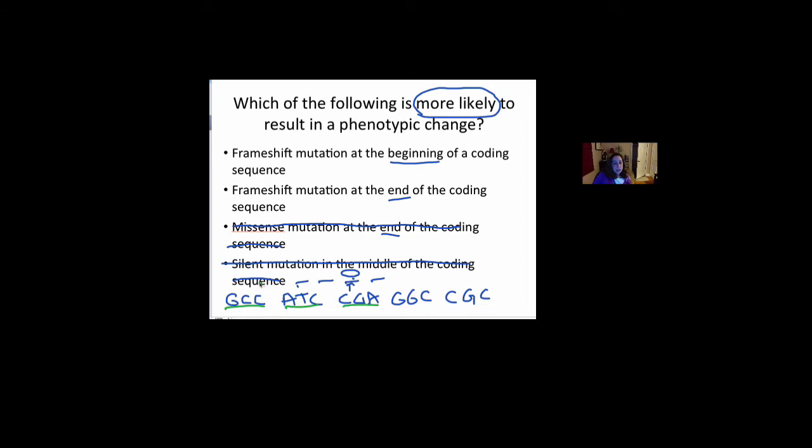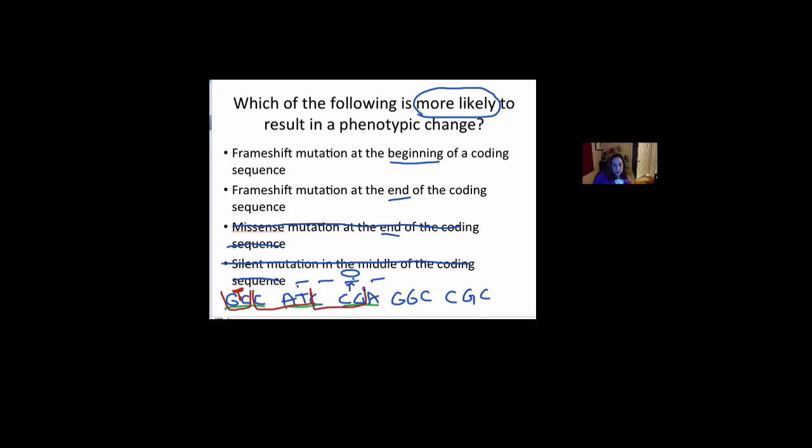Now let's say you have a frame shift mutation, and in this frame shift you're actually generating a nucleotide here. So what's going to happen is your triplet codons are going to shift. That's what a frame shift is.